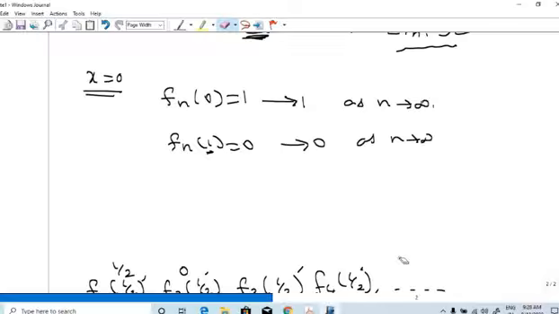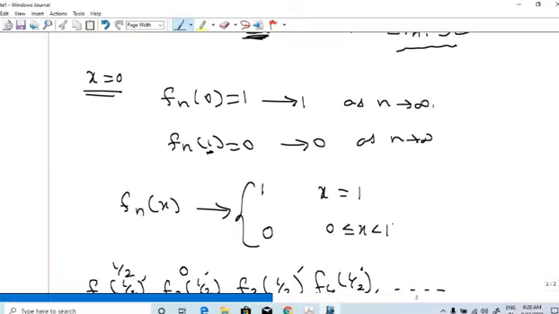That means after a certain stage, all the sequence terms are 0. Now write the pointwise limit of this sequence of functions. It converges to f of x, which is 1 if x equals 1, and 0 for all other values. This is what we call f of x. Clearly, this f of x is not a continuous function.